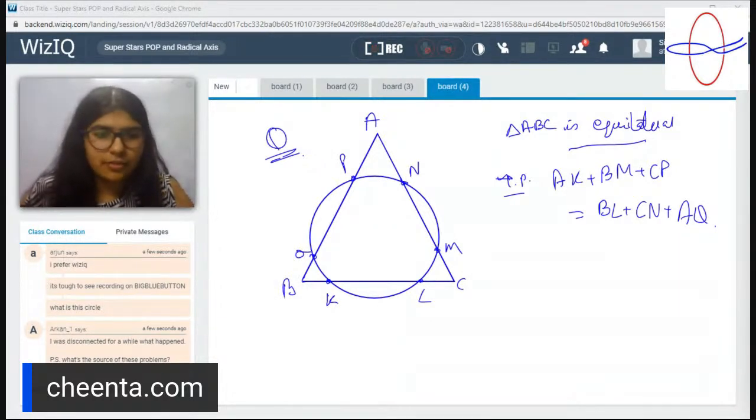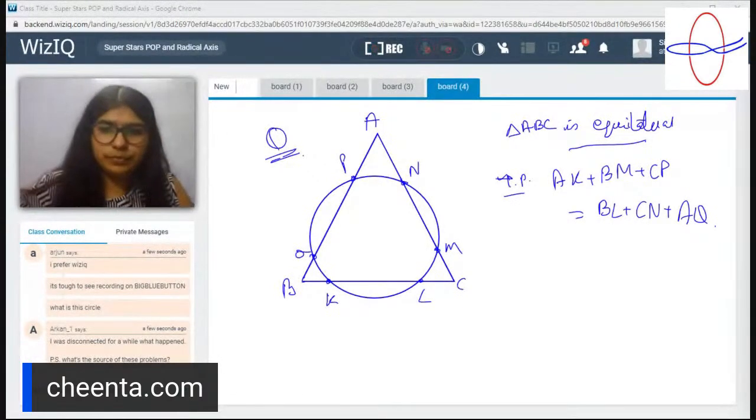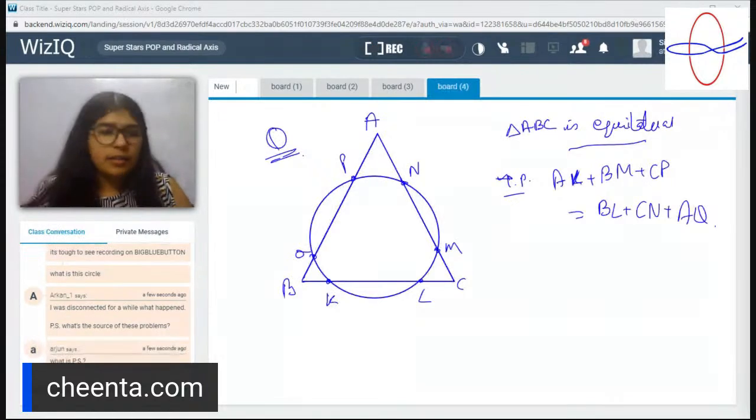Okay, try this problem. The circle is supposed to hit all three sides of triangle ABC, just the way it is shown, twice.